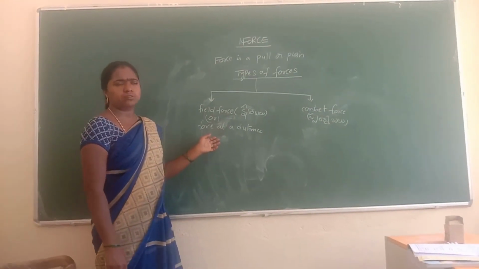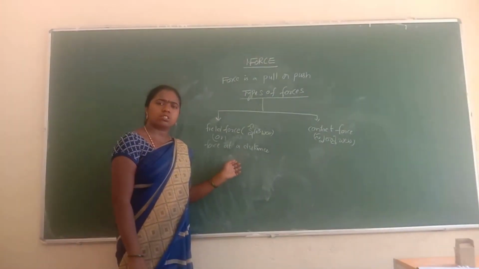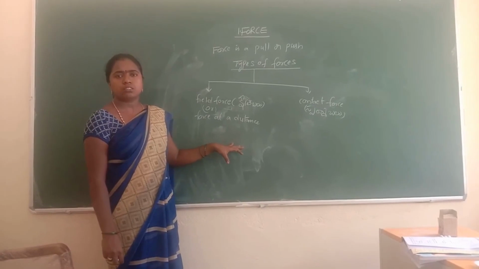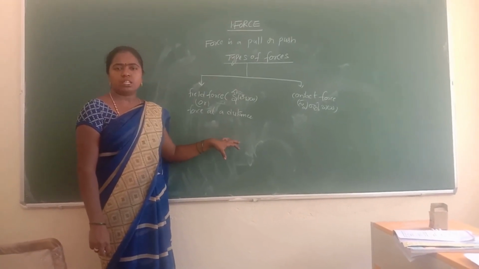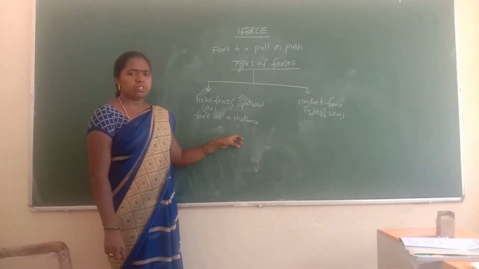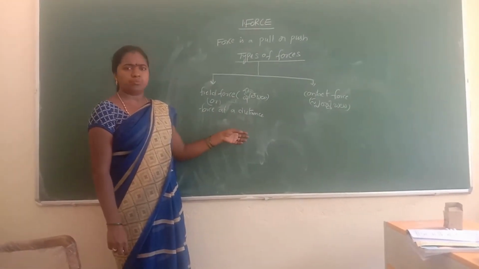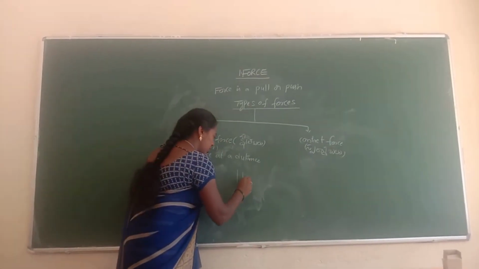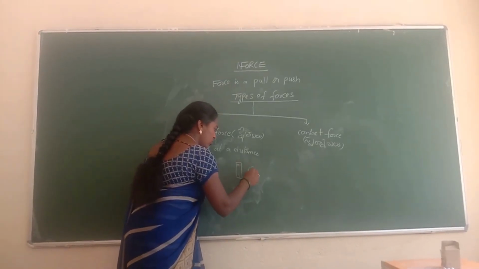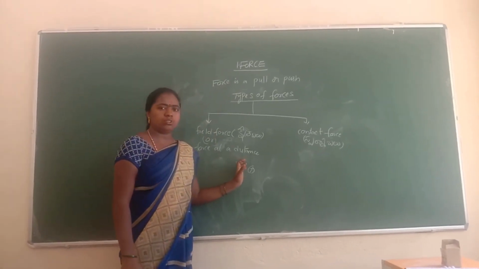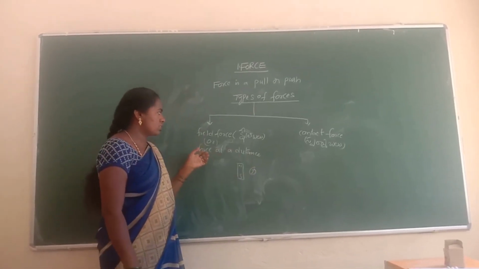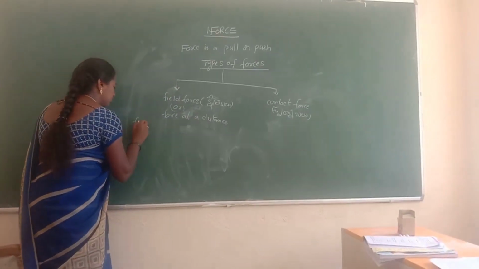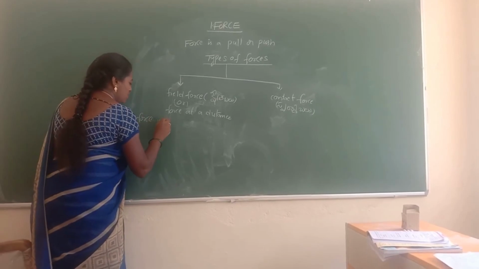The definition: the force which occurs without any physical contact between two objects is known as field force, or force at a distance. In the first activity, the bar magnet and the magnetic compass, the force acts without contact; the bar magnet attracts without contact. So this force is field force.